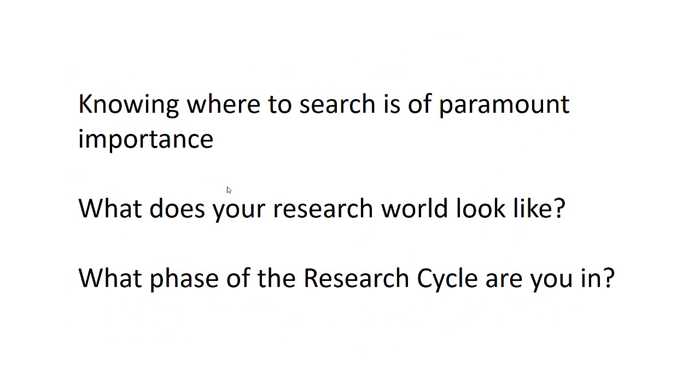One of the most important parts about doing any kind of library research is that knowing where to search is in some ways, at least in some stages of the research cycle, more important than searching the right terms. Just looking in the right container will get you much closer to what you're looking for much faster than always knowing exactly what to search.